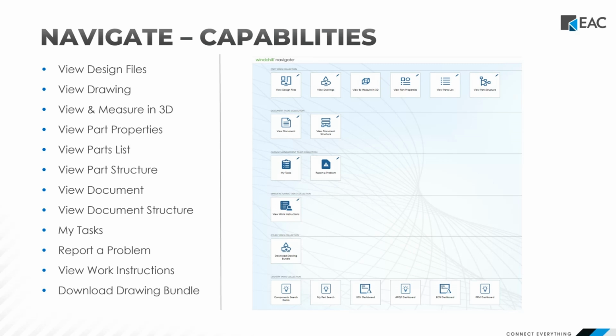The My Tasks app, the CRB one I mentioned on that last screen, significantly simplifies the change request review process. And then that last one, the Download Drawing Bundle, quickly packages up information for suppliers or outside vendors.